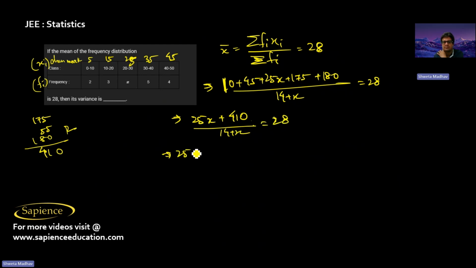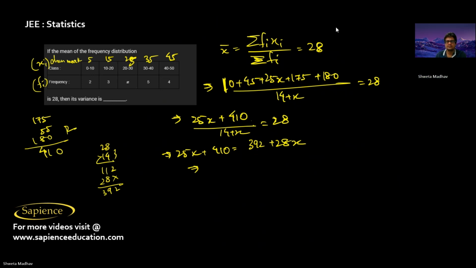So it means 25x plus 410 is equal to 28 into 14, that is 392, plus 28x. So 28x minus 25x, that is 3x, is equal to 410 minus 392.